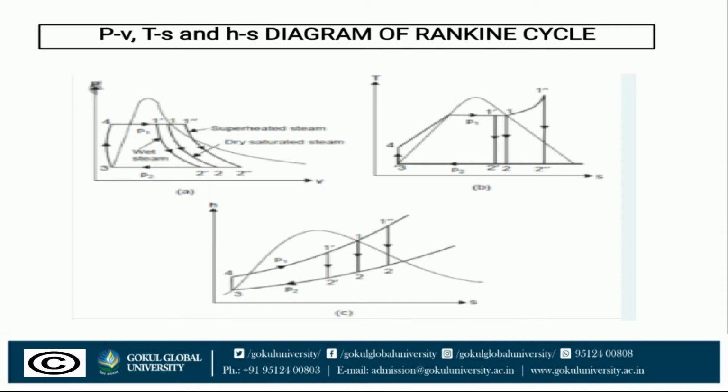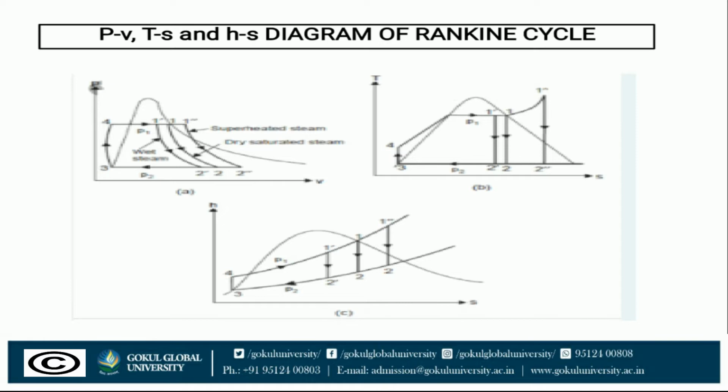Process number 3 to 4. The steam coming from the turbine at state 3, 3' or 3'' is now isothermally condensed in a condenser, and the heat is rejected at constant temperature T3 and pressure P3 until the whole steam is condensed into water.